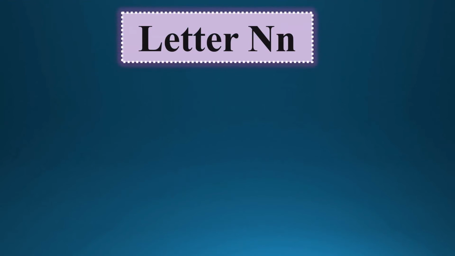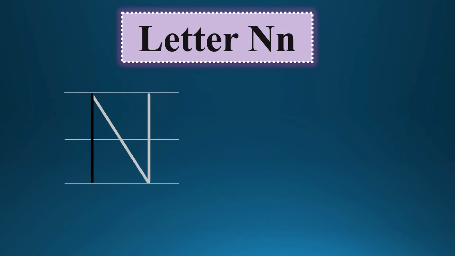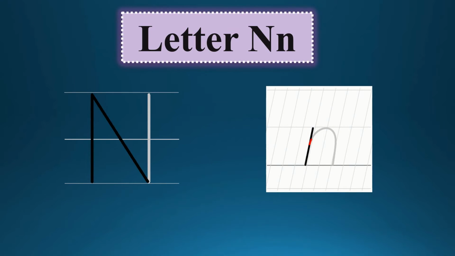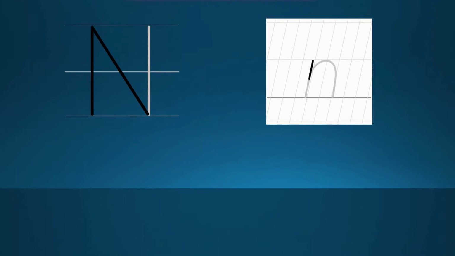Children, here is the letter N, capital letter N and small letter n. This is the way we write the letter. And its sound is n, n, n. The beginning sound in the words.